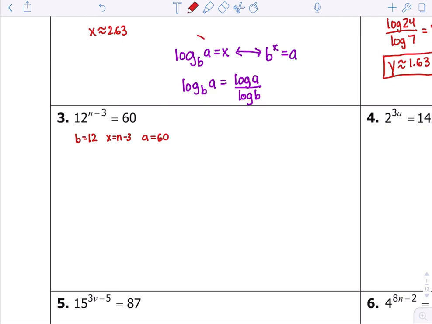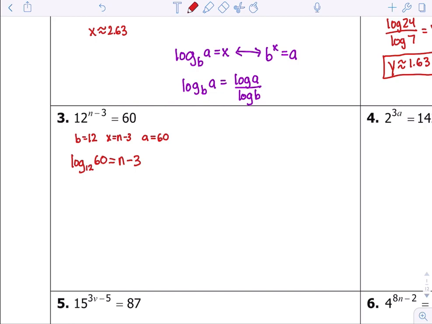Now just plug it in, wherever you see your b, a, and x. So log base b, which is 12, of argument a, which is 60, is equal to our x, which is n minus 3.